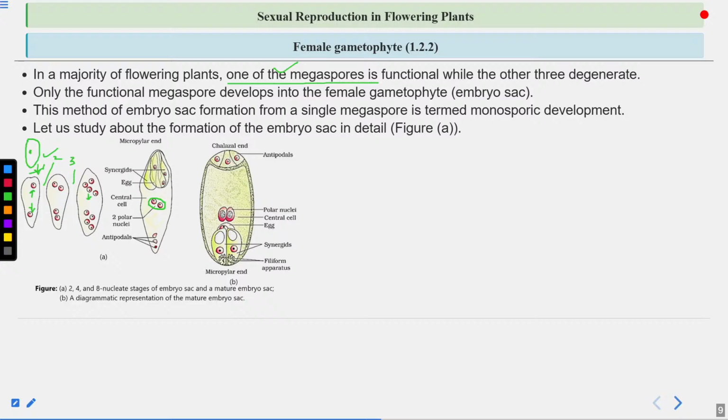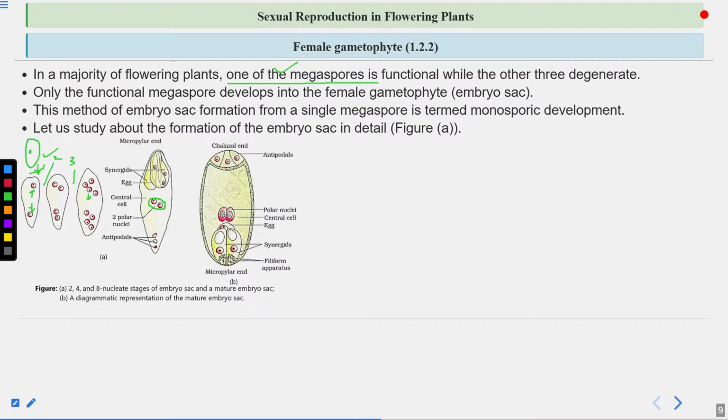Now it can be asked in the examination whether both polar nuclei come from the micropylar end or the chalazal end. No, one nucleus comes from the micropylar end and one from the chalazal end to the center, and these are called the 2 polar nuclei.